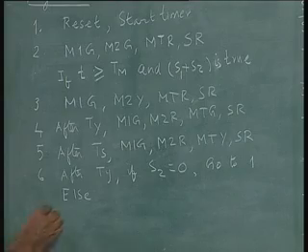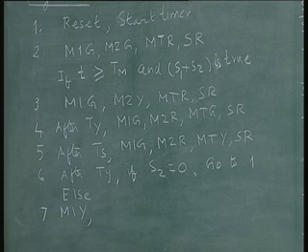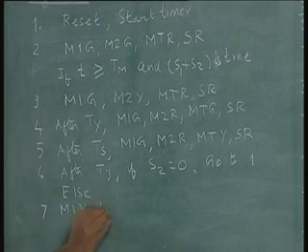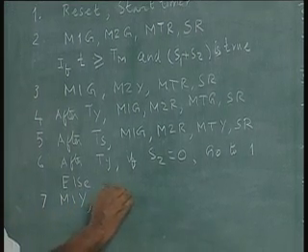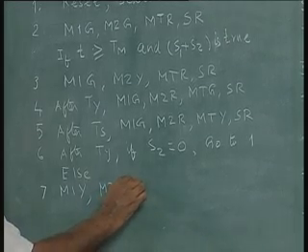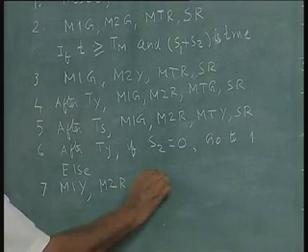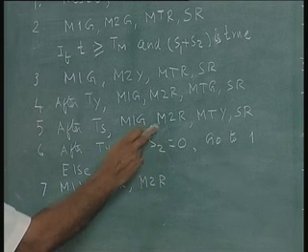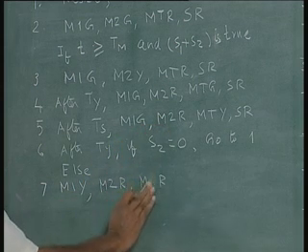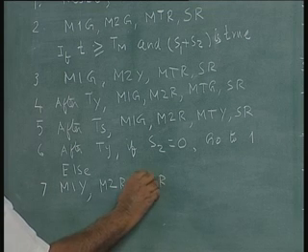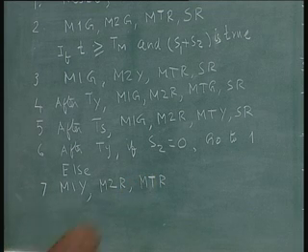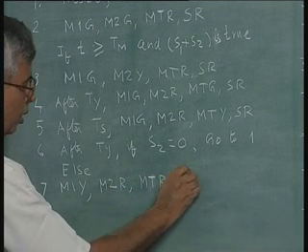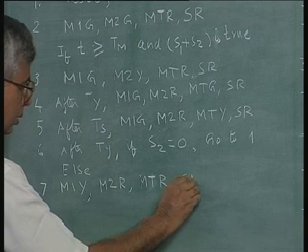That means I need to go for M1 yellow, M2 continues to be red, MTR, side red still.